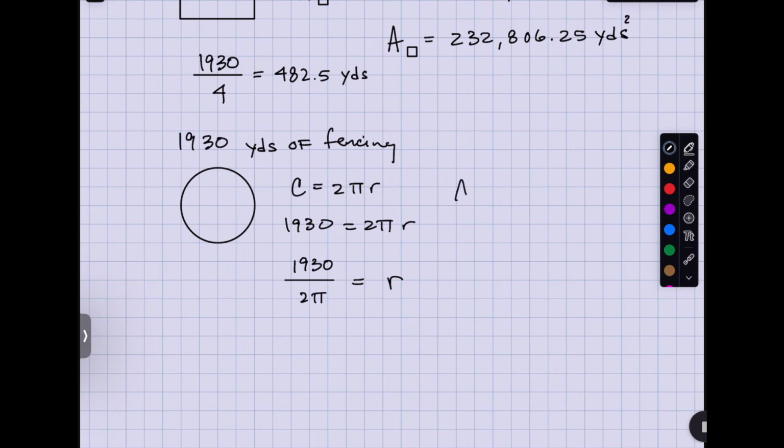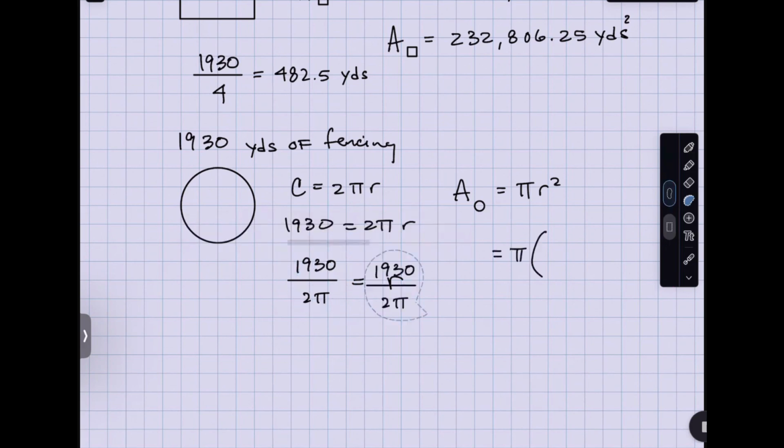And the area of a circle is equal to pi r squared. And this is the reason why I chose 2 pi r rather than pi d. Does that make sense? So that means my area will be pi times this squared.